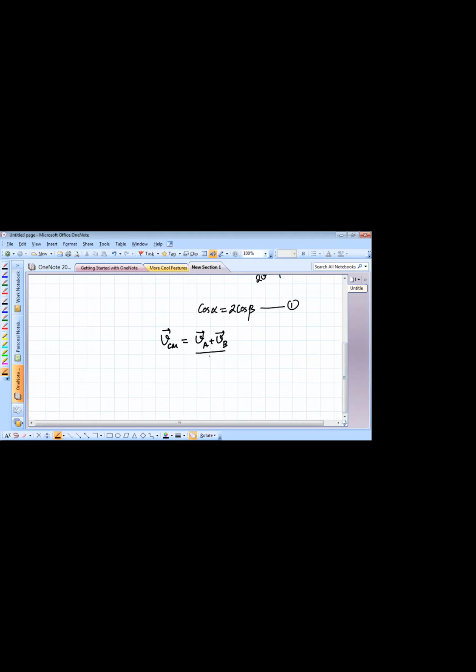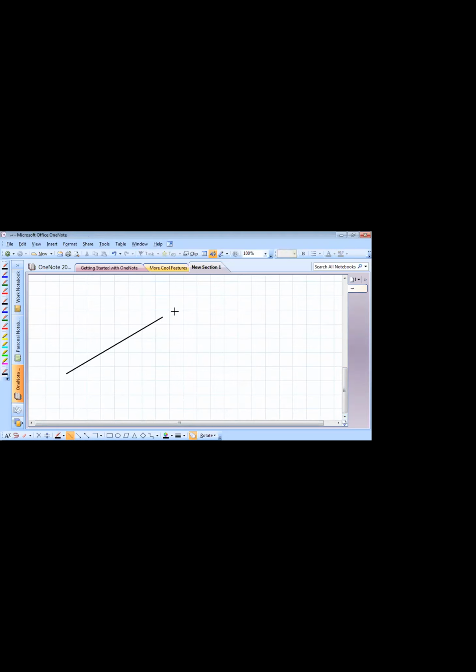So in this case, for the rod, if I take the axis along the rod as my x-axis and the axis perpendicular to the rod as my y-axis, with the center of mass as my origin, it's a moving frame, of course. Okay.